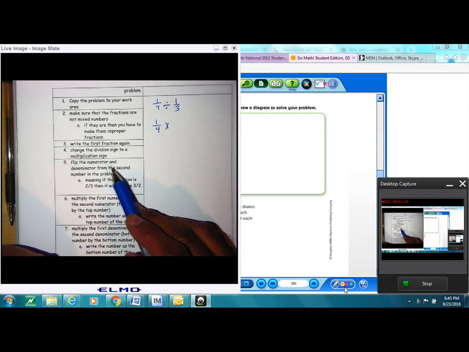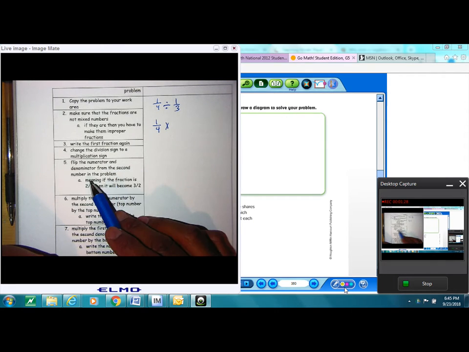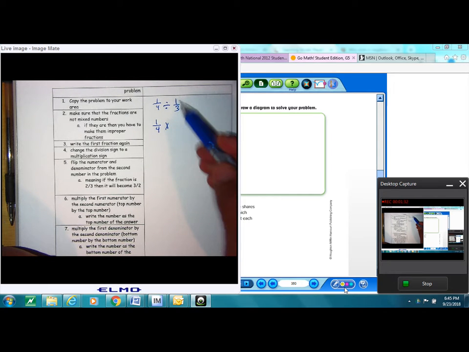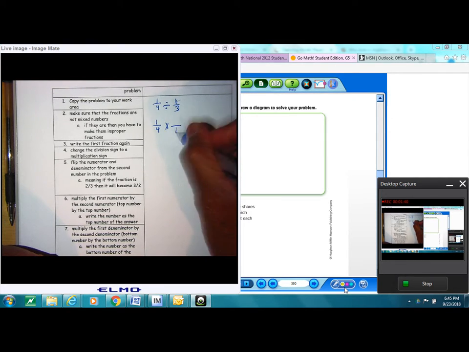The next step says flip the numerator and the denominator from the second number in the problem. This is the numerator, this is the denominator. What they want me to do is flip them so that this top number becomes the bottom number and this bottom number becomes the top number.